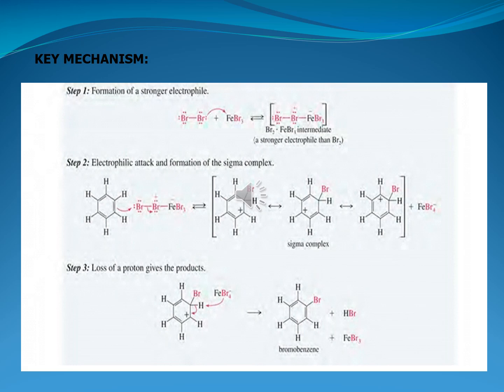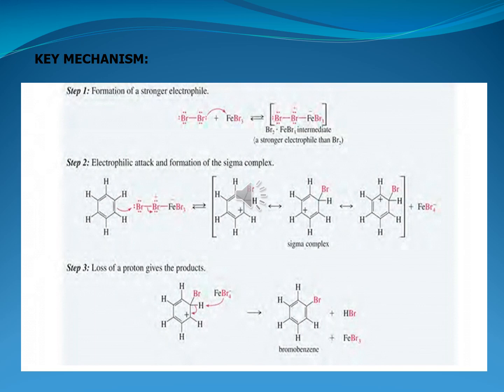In the first step, the lone pair of electrons of the bromine molecule attacks the iron atom of iron tribromide, which is electron deficient. In this way, a strong electrophilic intermediate is generated.